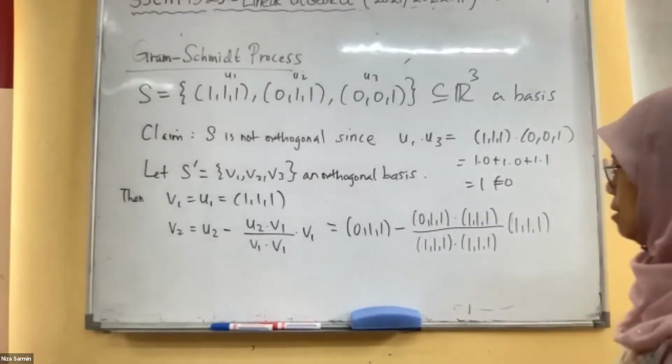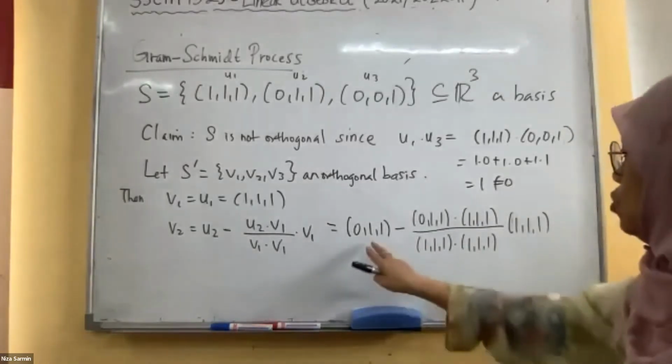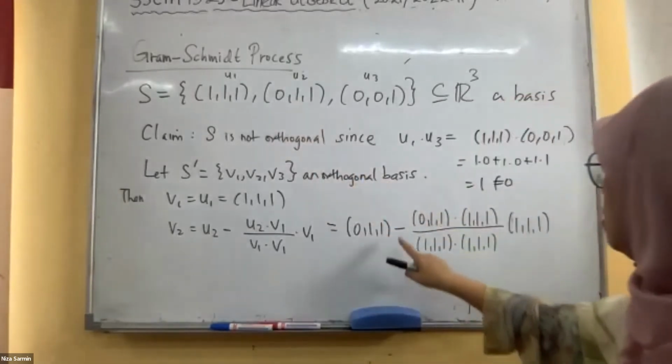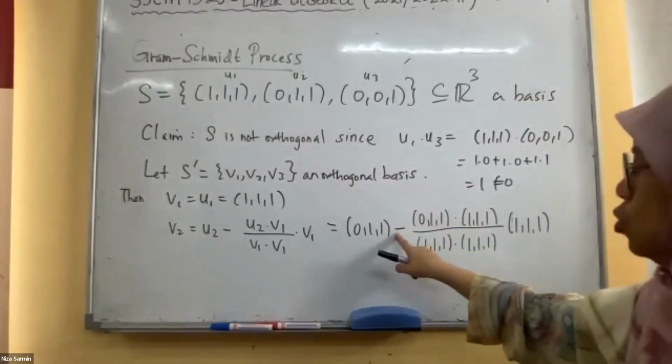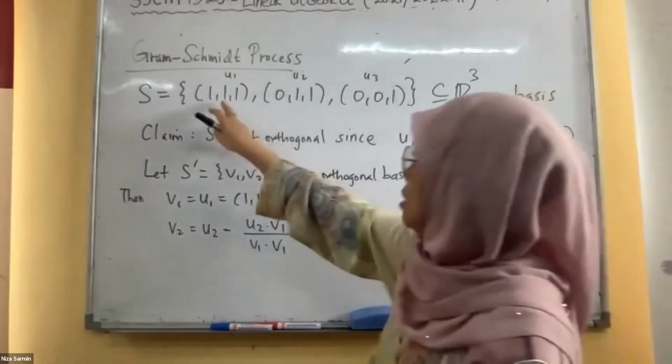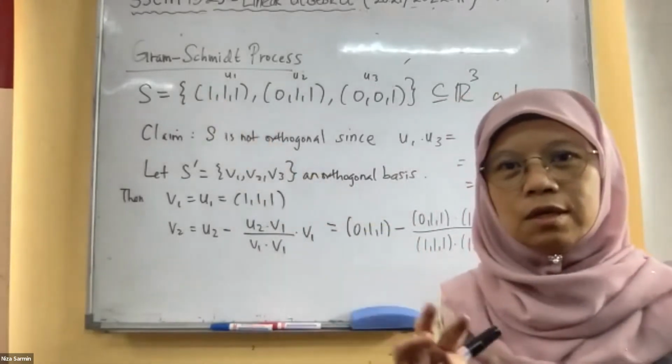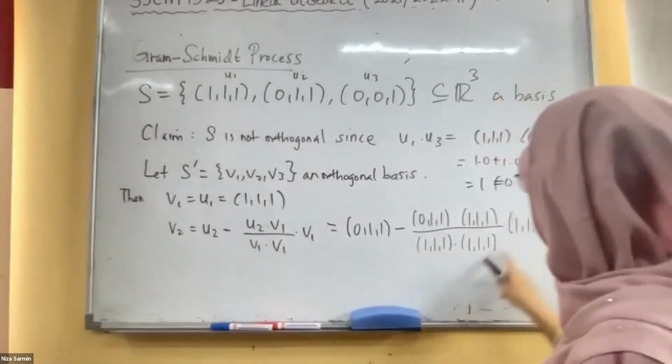Copy, nothing to do. U2 is this minus U2 dot this over the norm multiplied by this.